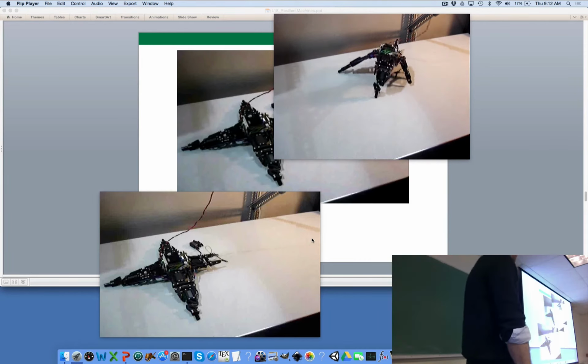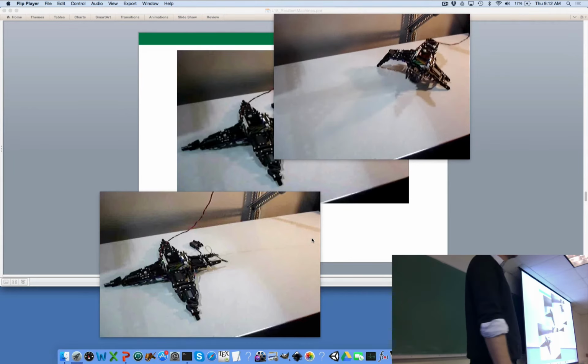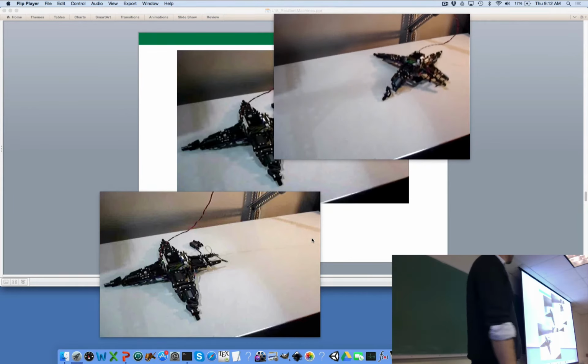Obviously, the physical motors are much weaker than the simulator motors, but seem to be okay. Not very efficient, but at least getting there.